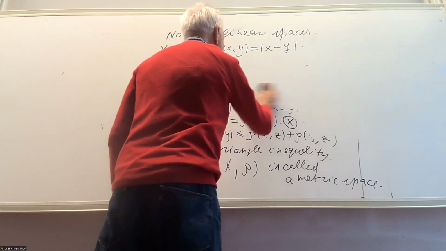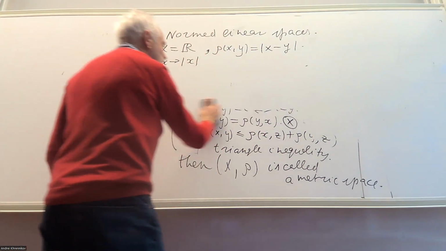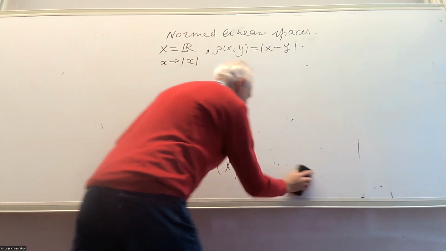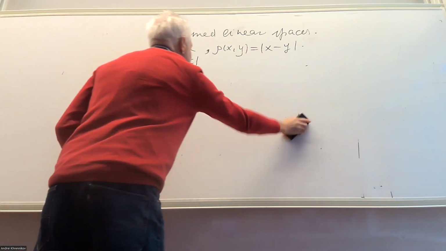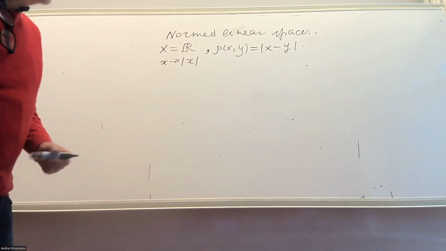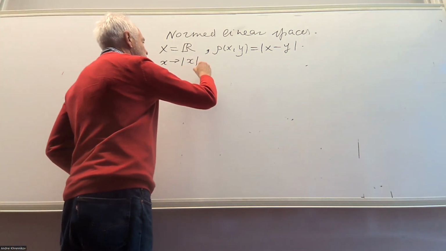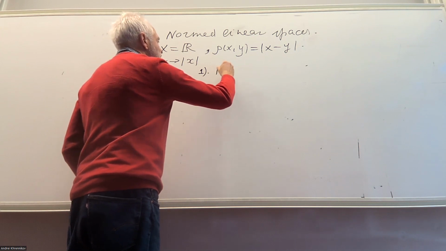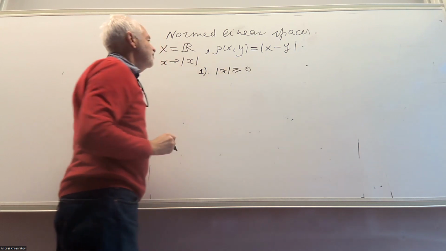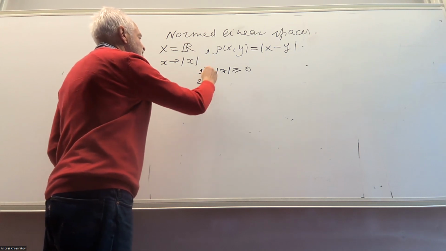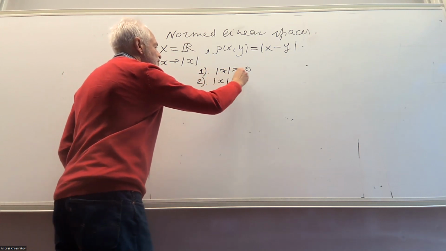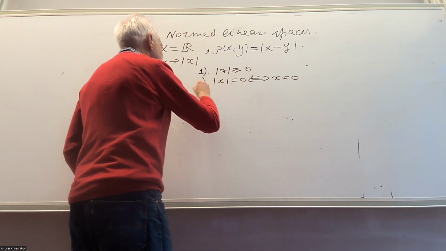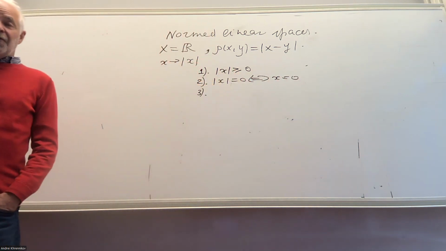They are very similar to the properties of a metric, besides one property. So first, of course, this is non-negative. Second, it is 0 if and only if x is 0. Third, the third property is different.